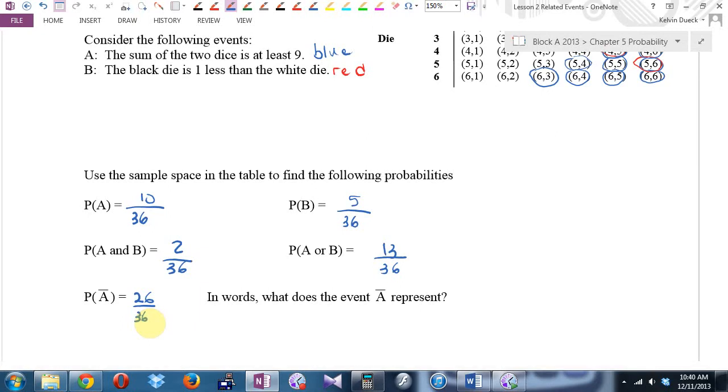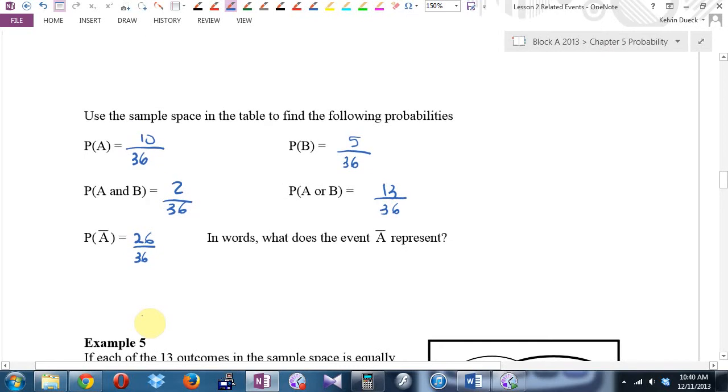In words, what does the event not A represent? Sean, can you read to me what the event A was at the top of the page there? What did that represent? The sum of 2 dice is at least 9. So what would not A be in English? I'll give you a hint.